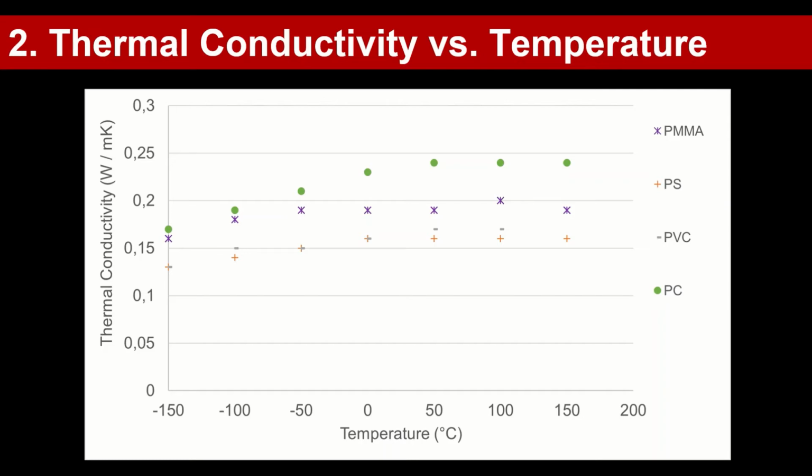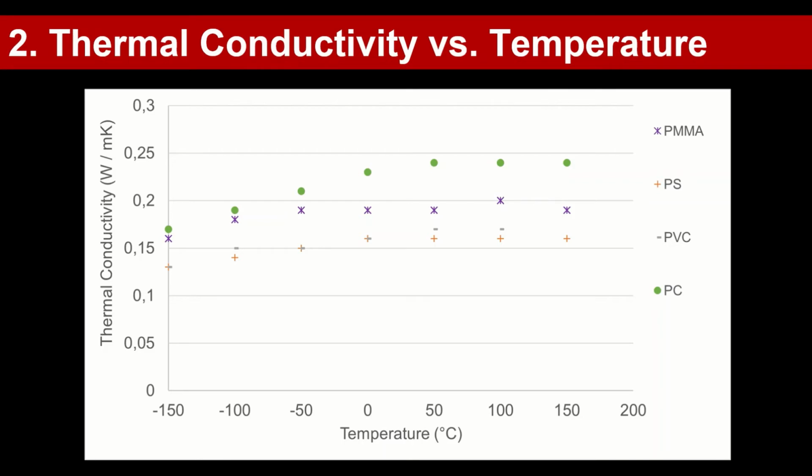What we also see is a non-linear behavior. At minus 150 we start, for example, with PMMA at around 0.15 watt per meter Kelvin, and then we have an increase towards room temperature, and then it levels off towards higher temperature.